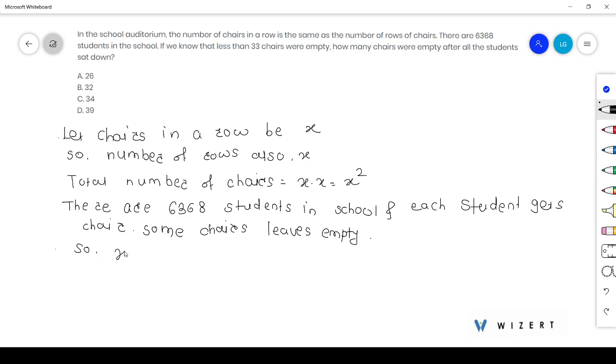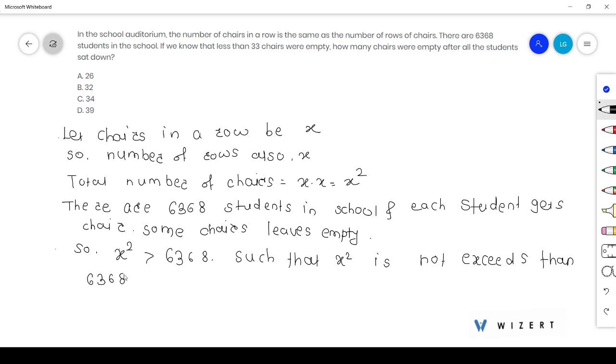So, X square is greater than 6,368 such that X square does not exceed 6,401.